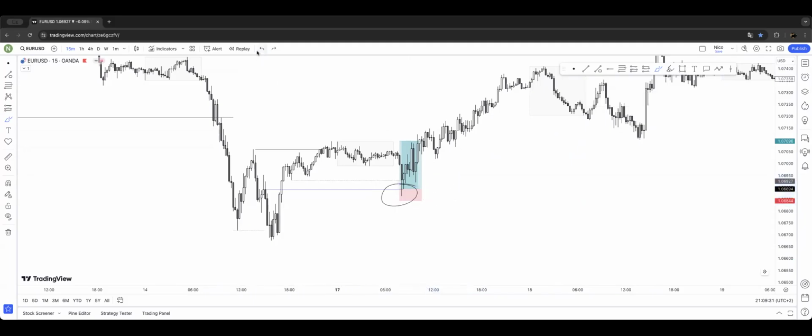I don't have the confidence to take them on a live account, but mainly this is the setup I'm working with. Also, if you're trying to implement new kinds of models, for example, you're used to a specific setup, like the London manipulation setup, you don't want to mess up your statistics too much. So work on a single trading model, which can be the Asia setup or the London setup.